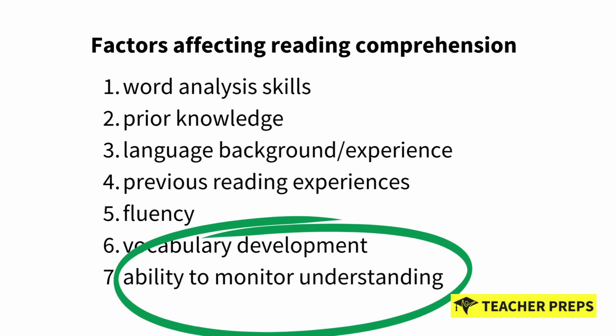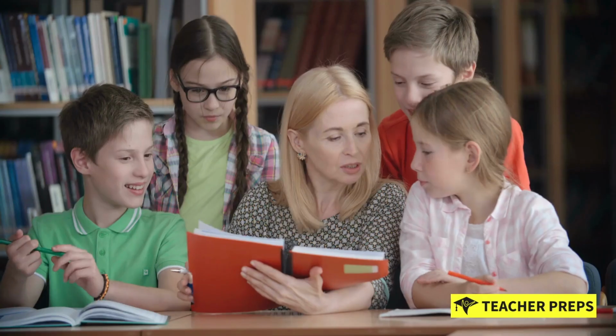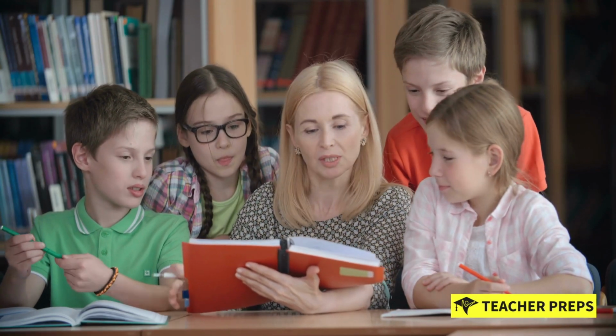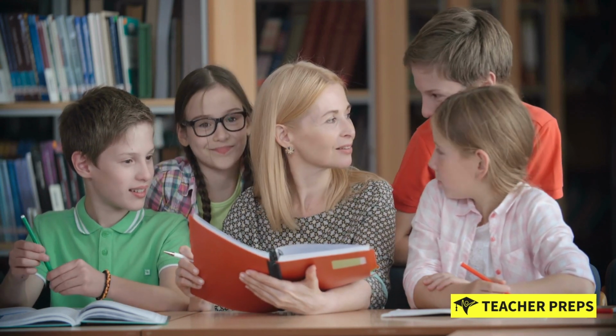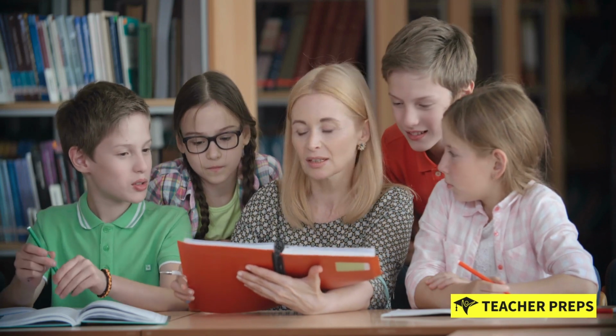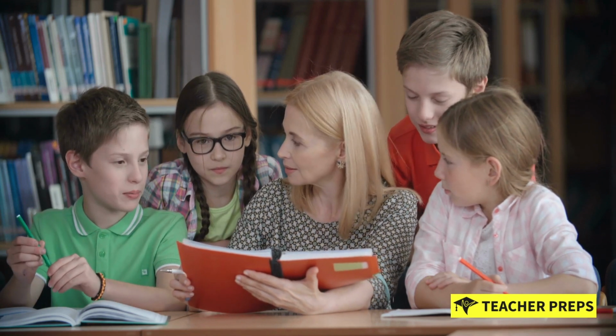Here we go. The seventh factor in affecting reading comprehension is the ability of the reader or student to monitor their own understanding. Teachers need to know how to teach students to recognize when they do not understand a portion of the text and employ strategies to clarify their own comprehension.